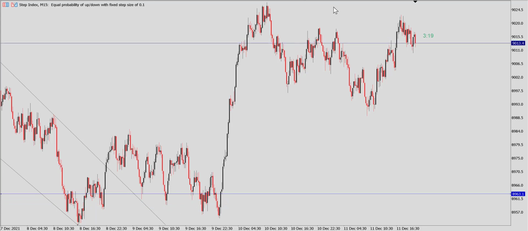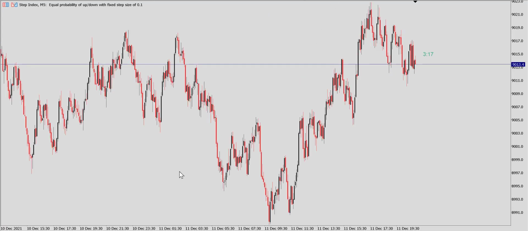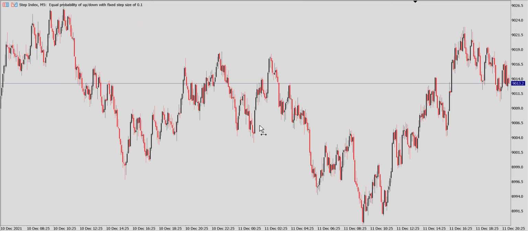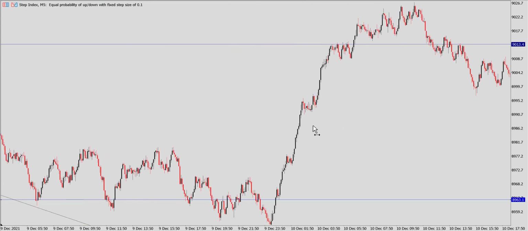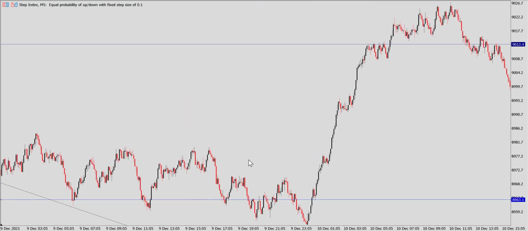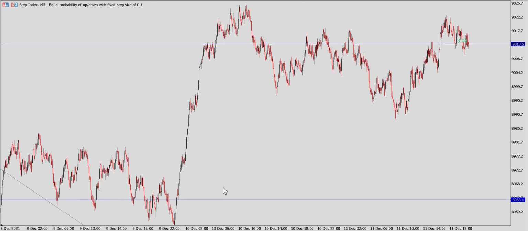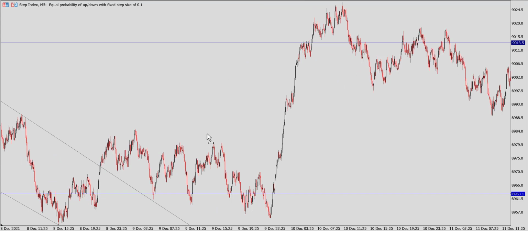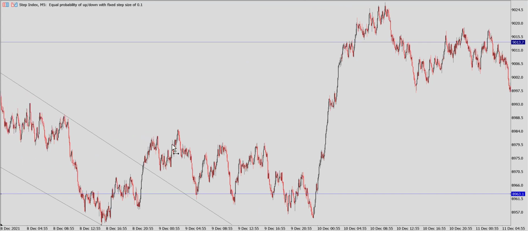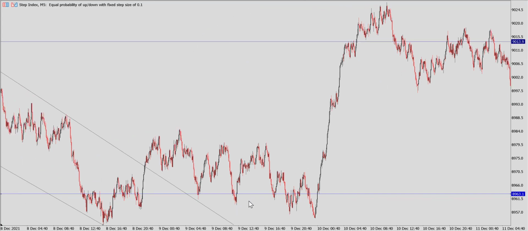After it has broken structure, let's go to M5. Yeah, this is now too much price action to look at. After it has broken structure, what do you want to see?